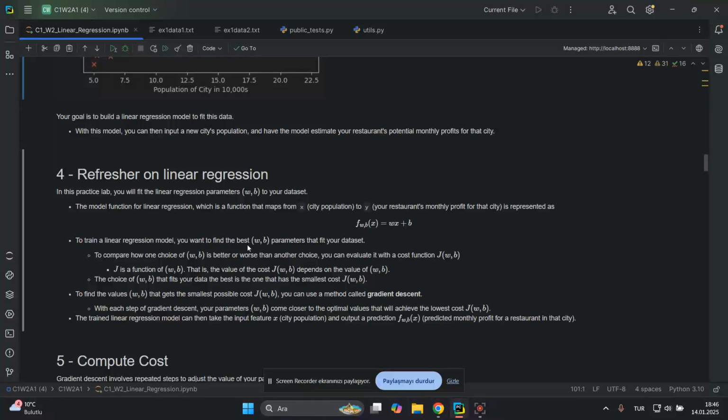A refresher on linear regression. In this practice lab, you will fit the linear regression parameters w and b to your dataset.